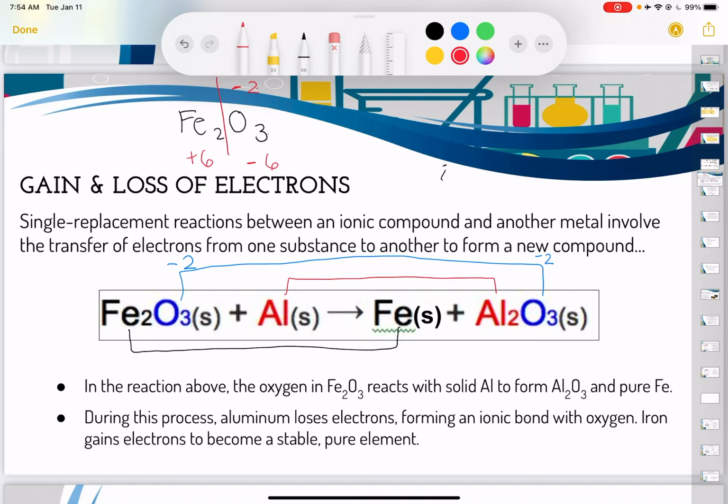So if this whole iron side is +6, there's 2 irons. How much is each iron's charge? So we go 2 times what gives us 6? And the answer would be 3. Okay. And maybe that's more than we actually need to do, but I'm showing you that so you know where I'm getting this from.